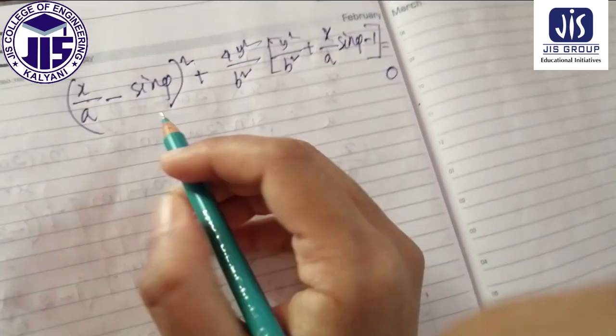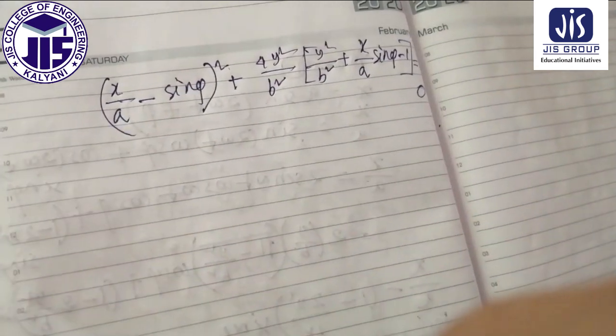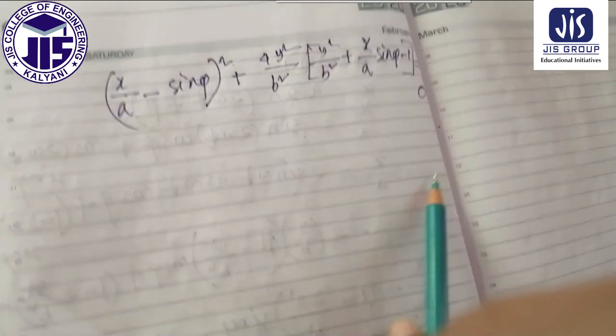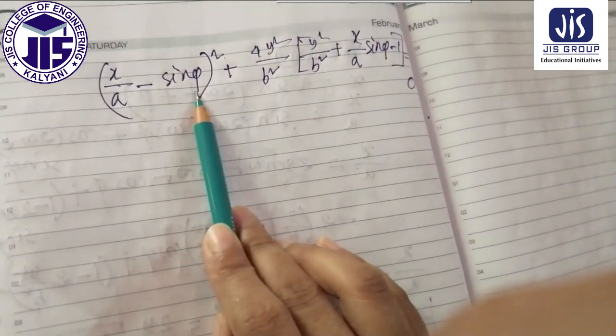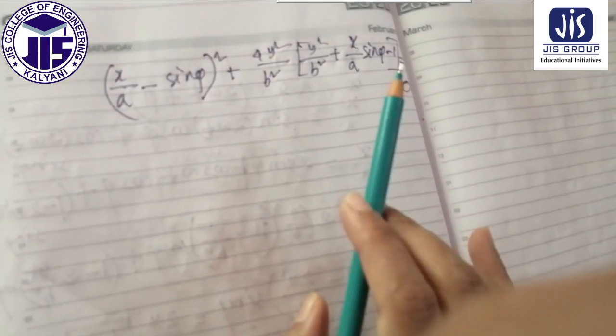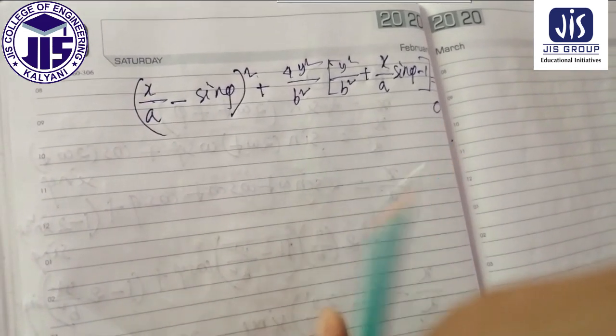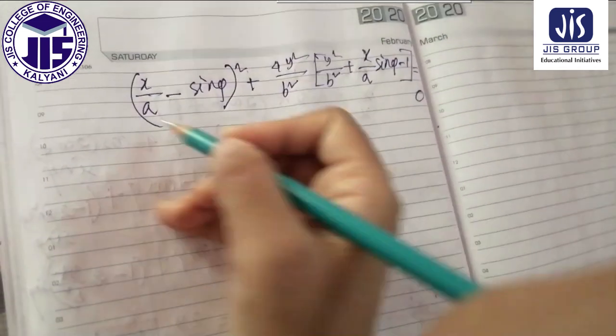So in the last class we derived this equation, if you can remember: (x/a − sin φ)² + 4y²/b² · (y²/b² − 1) = 0, roughly. Now we'll put different values.